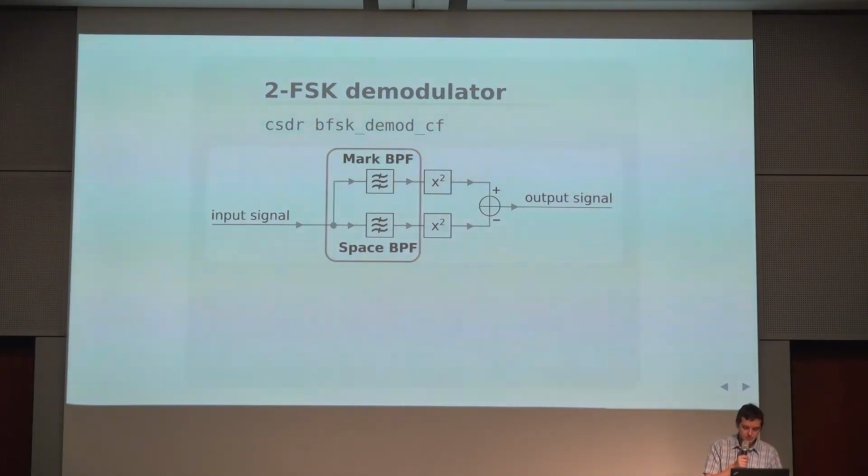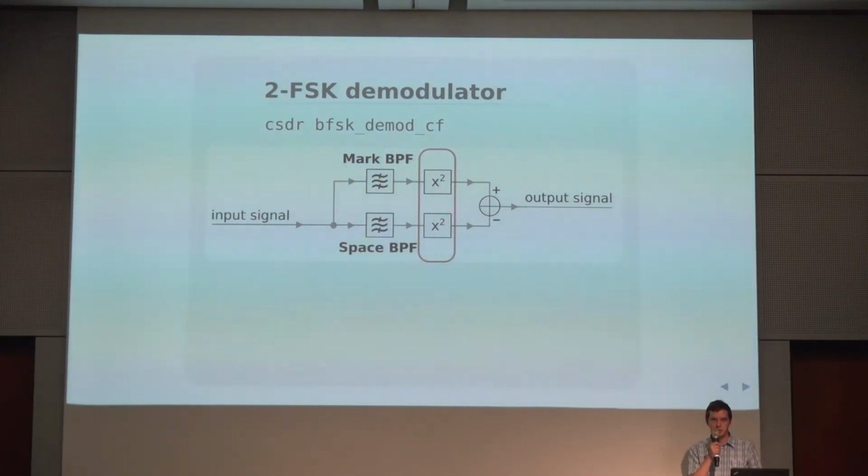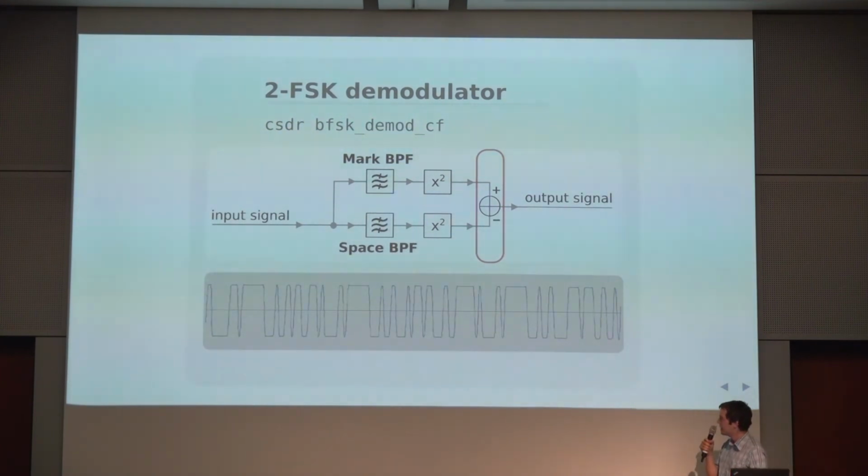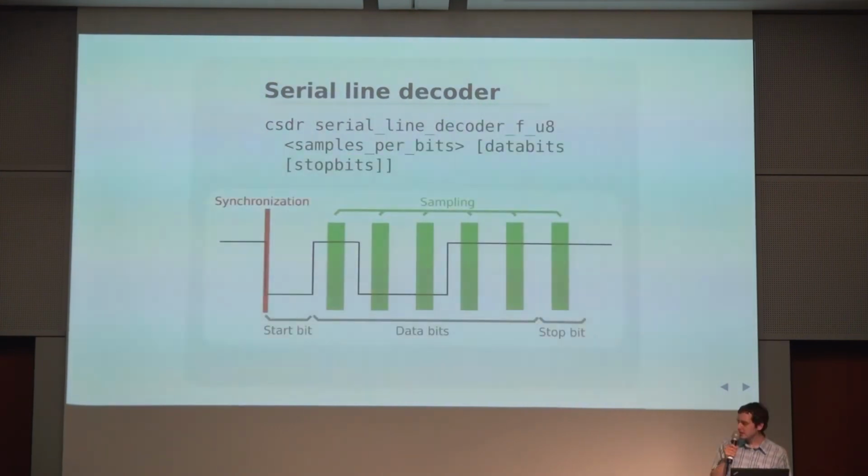And this starts with 2 bandpass filters for the mark and the space frequencies, and then follows by calculating the power at the output of these filters, and then subtracts the power, or calculates the difference of the power of the 2 branches, and that's what we get at the output.